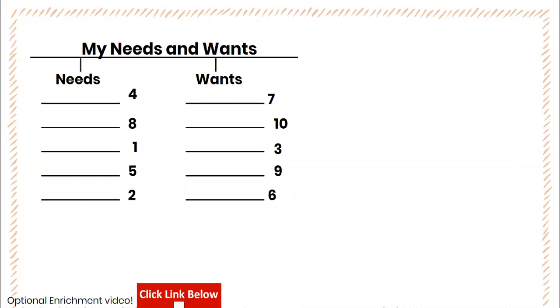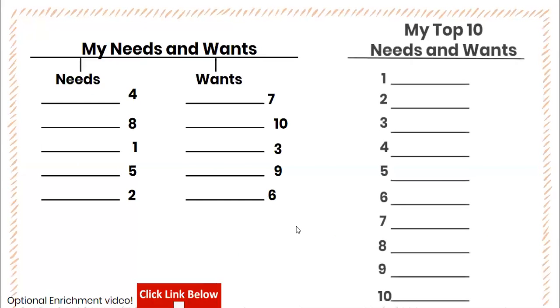Once you have decided the most important thing, which is 1, all the way down to the least important thing, or number 10. Now you are going to create your top 10 list of needs and wants. So you're writing the numbers 1 through 10 here, and you're going to look at which item you ranked as number 1.